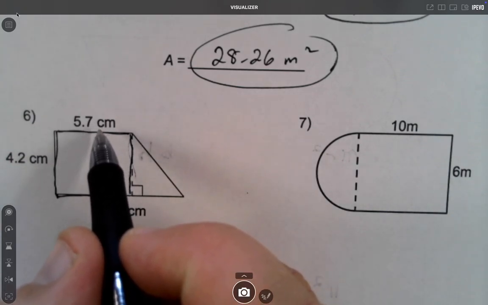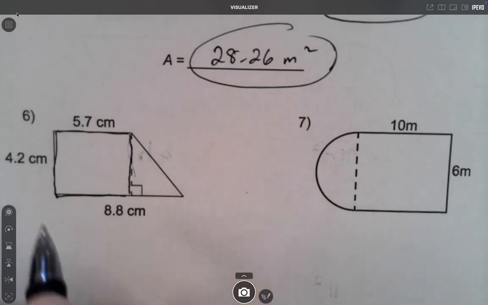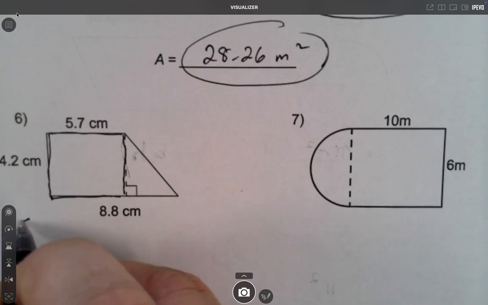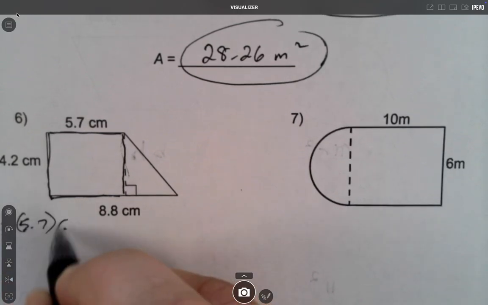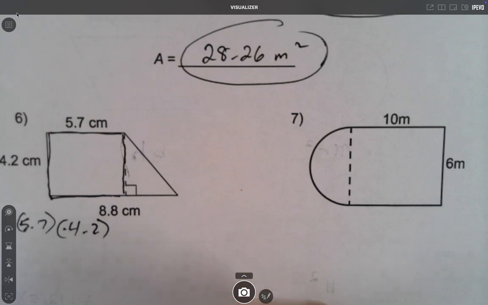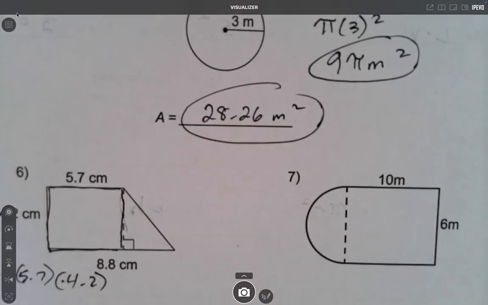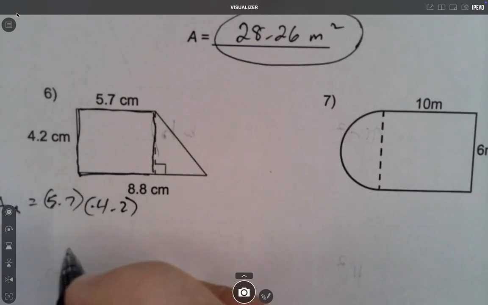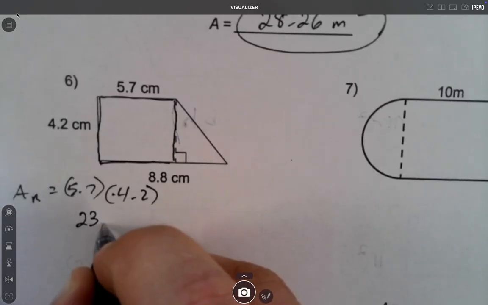Okay, so we know that length and width for this rectangle is 5.7 and 4.2. So the area for the rectangle is 5.7 times 4.2. Okay, multiply those together, it's 23.94.